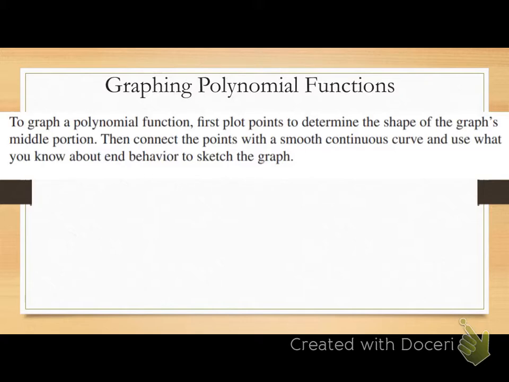How do you think we're going to get our points to get the middle portion of our graph? Degree and leading coefficient. Not quite. It's one method of graphing that we used quite a bit when we graphed parabolas.